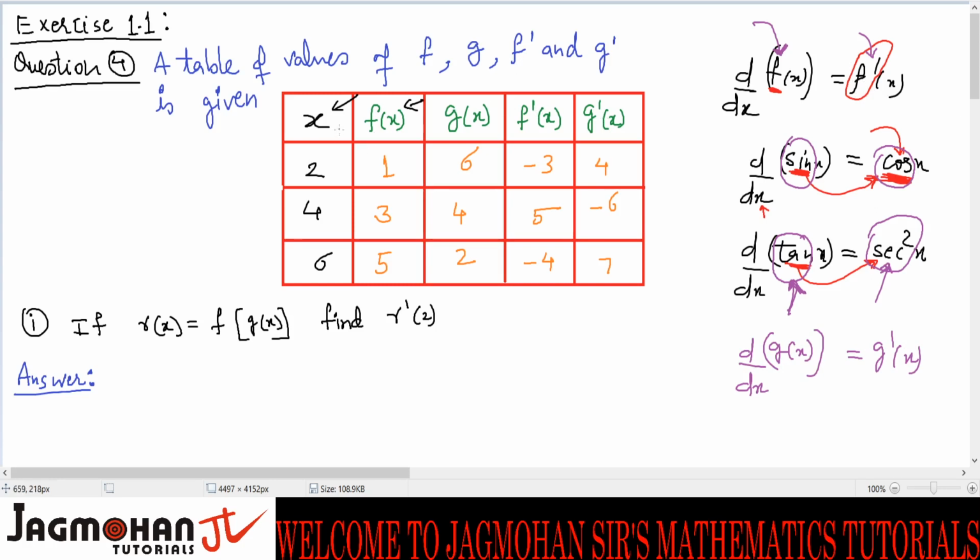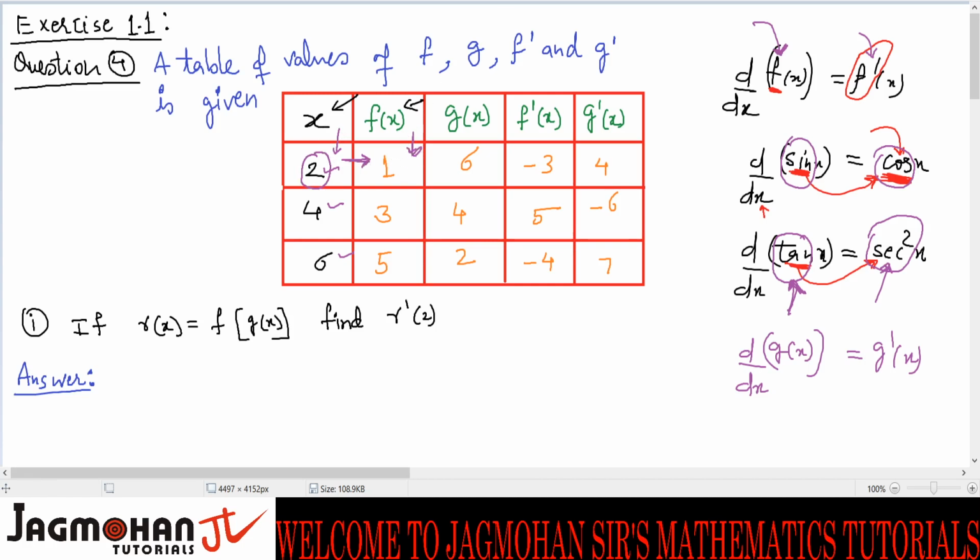Now under the column x, you have these values 2, 4, 6. And then under f of x, you have 1, 3, 4. Now what does this mean? It simply means when x value is 2, f of x value is 1.